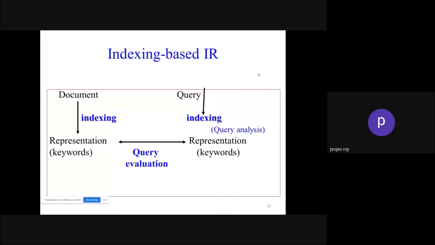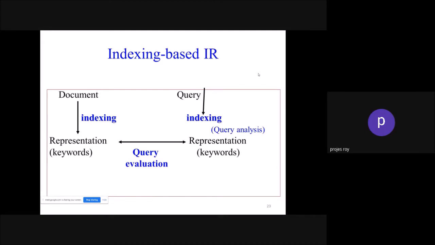Even they are not bothered about the classification of knowledge. They are not putting everything one by one in a knowledge management way. This is document indexing, representation of the keyword, query evaluation, and returning keyword representations, query analysis. These are complex processes, but they are based on the proper indexing and representation of the keyword in information retrieval.